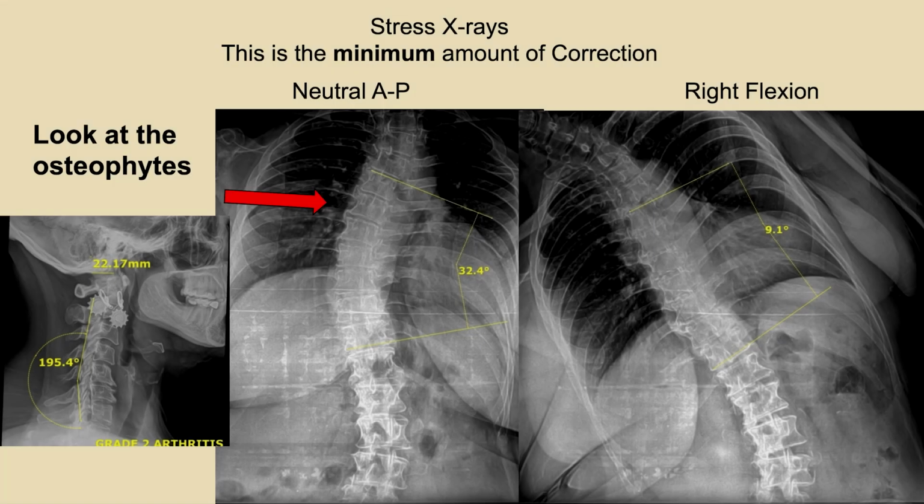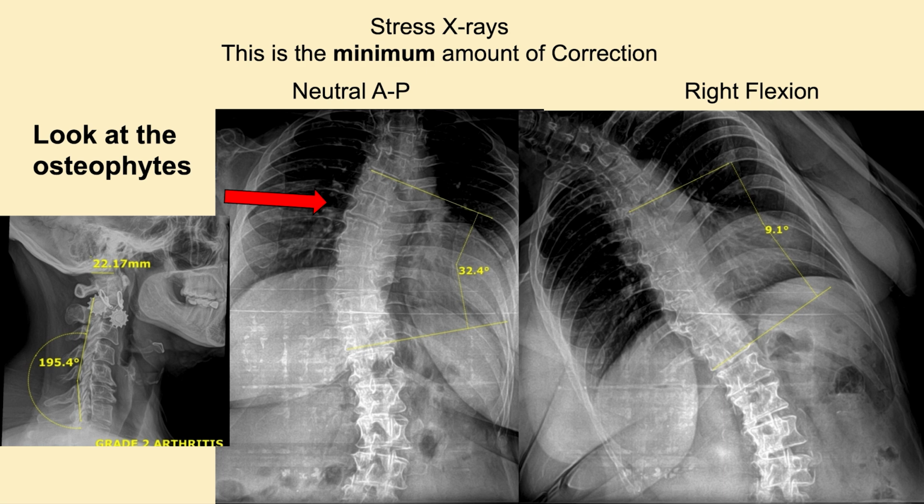So how do you know whether a scoliosis can be corrected or not? Number one, you've got to take a static x-ray where the person is standing up, weight bearing, and then you bend them into that convexity. All you're doing there is seeing the limit of the structures involved.